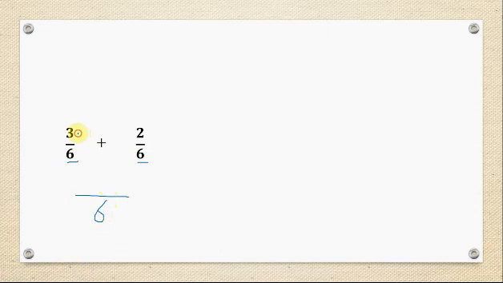Then just add the numerators. The numerator here is 3 and here is 2. So 3 plus 2 equals 5. So it will be 5 over 6. We just keep the denominator and add the numerators.